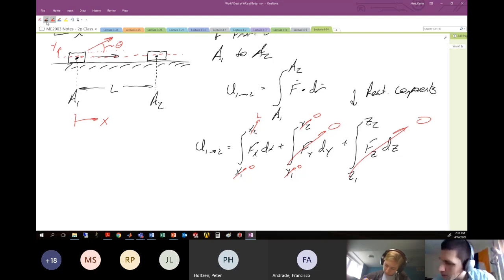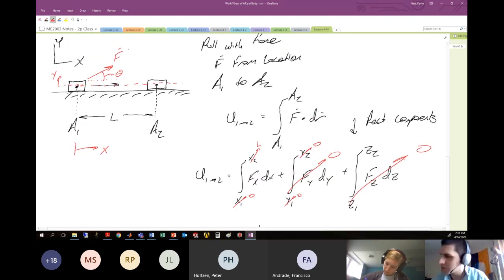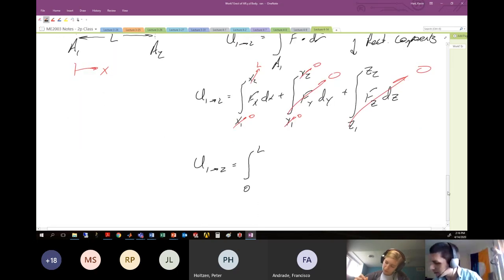That means that in this general particle example, the work of this force moving from 1 to 2 is the integral from 0 to L of the component of the force in the x direction. Here that's just this force resolved into its x direction, so that'll be the magnitude of F times cosine theta dx.